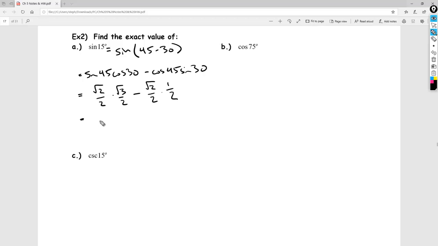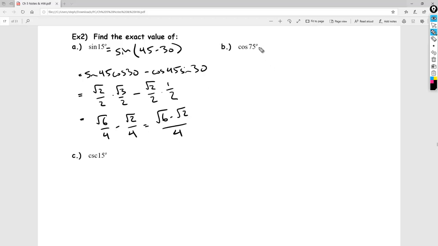Simplifying this a little bit, I end up with √6/4 minus √2/4. And that's good enough for me. I'm not going to ask you to simplify that further.